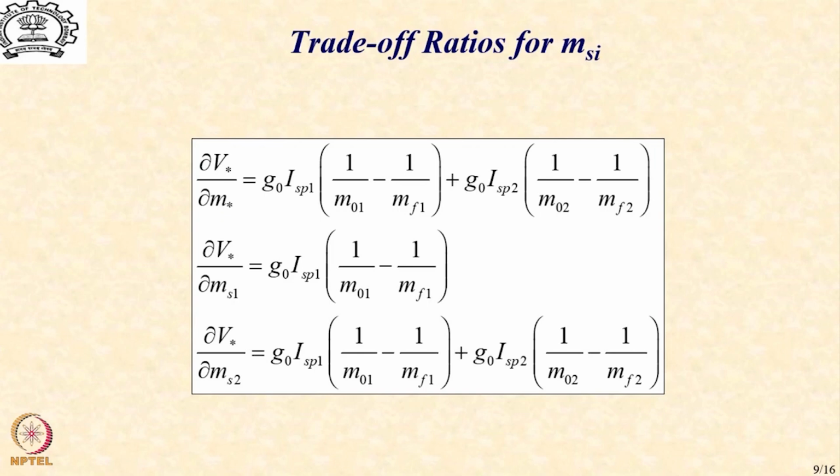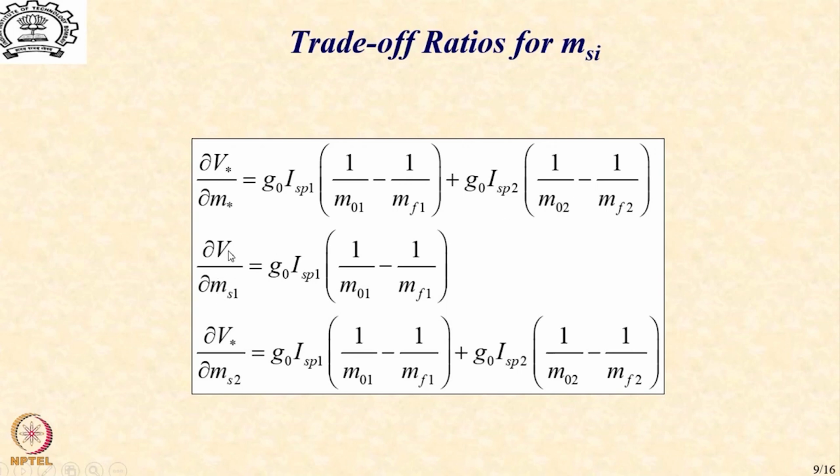Similarly, I get 1 by mf1 when I differentiate ln mf1. Similarly, when I differentiate m02 and mf2, I get 1 by m02 and 1 by mf2, and this becomes my dv star by dm star expression.